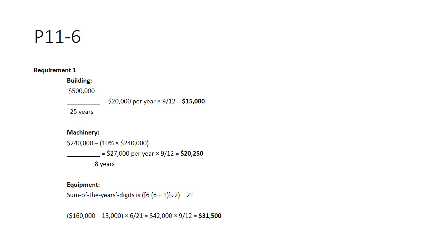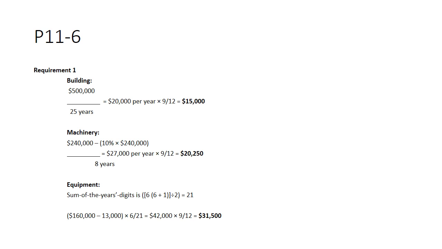So land, you do not calculate any type of depreciation. The building does not have a residual value, and it has a 25-year life, and the company uses straight line. So 500,000 is the cost minus 0 residual or salvage value divided by 25 years will give you an annual depreciation amount of 20,000.